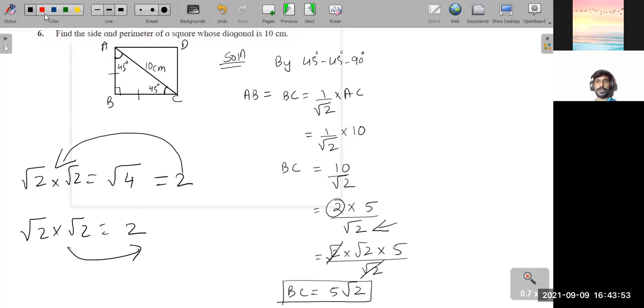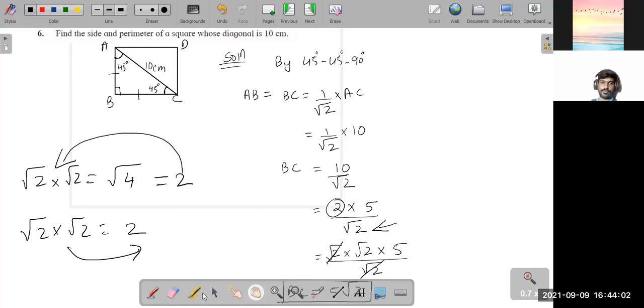We still have to find the perimeter of the square. Do you remember the formula for the perimeter of a square? 4 into side. Perimeter is just adding all the sides.